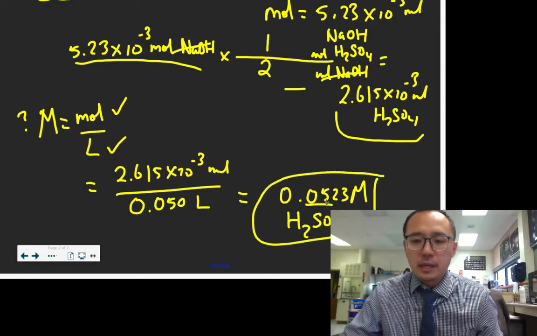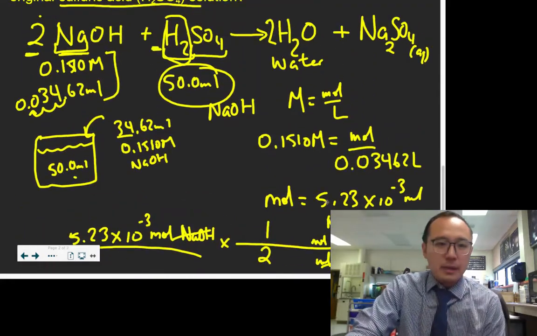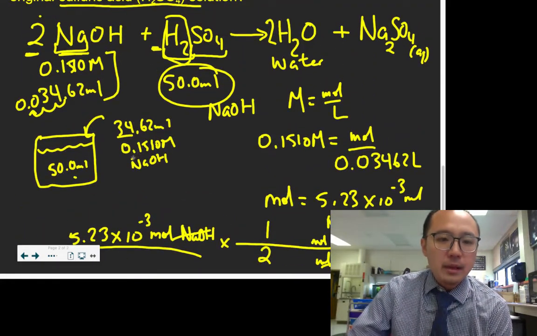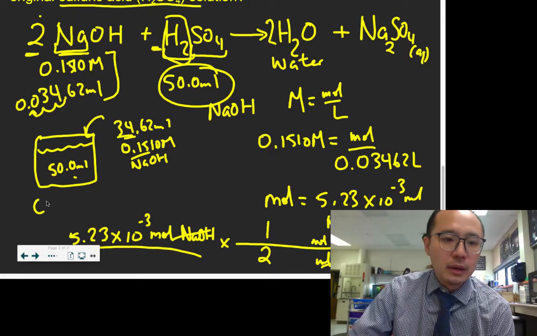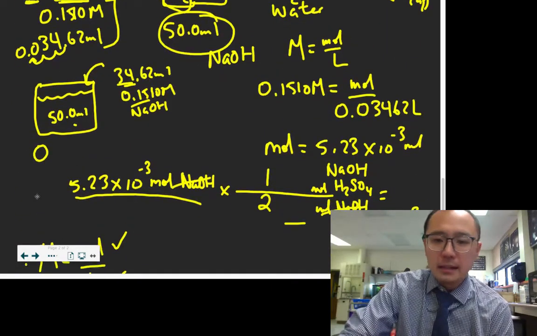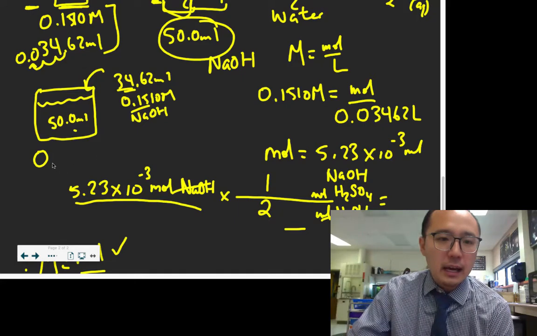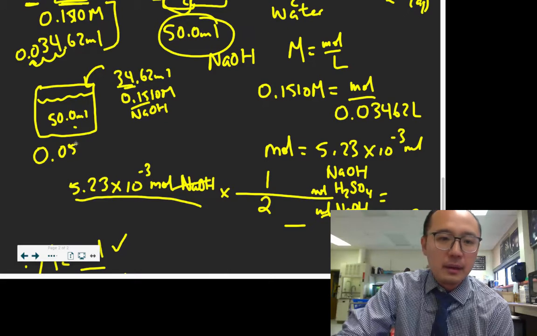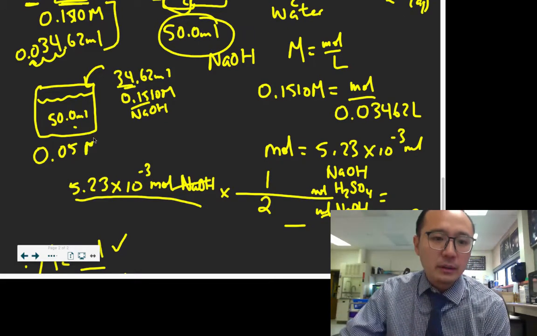Let's look at this. Keep this number in mind. Let's go back up here. We put this amount of concentration and this amount into sulfuric acid. Sulfuric acid actually has this 0.05 molar. I'm just going to round it to 0.05.